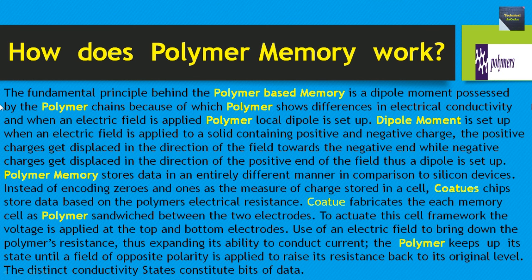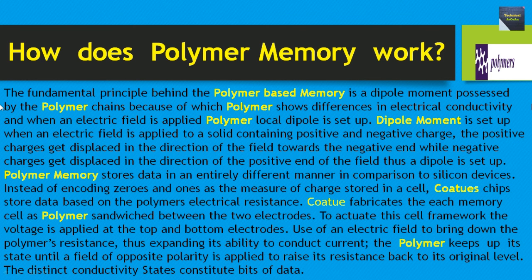Polymer memory stores data in an entirely different manner in comparison to silicon devices. Instead of encoding zeros and ones as the measure of charge stored in a cell, Coatue chips store data based on the polymer's electrical resistance. Coatue fabricates each memory cell as polymer sandwiched between two electrodes.